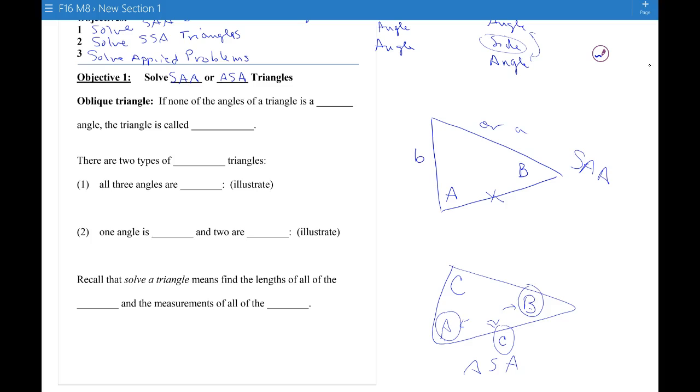So an oblique triangle is the name for a triangle where none of the angles is a right angle, and then the triangle itself is called oblique, a word you don't run into very often. So there are 2 types of oblique triangles.